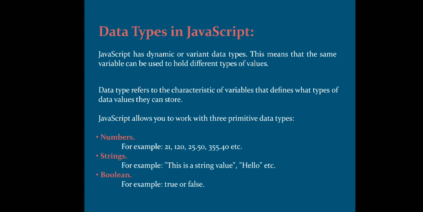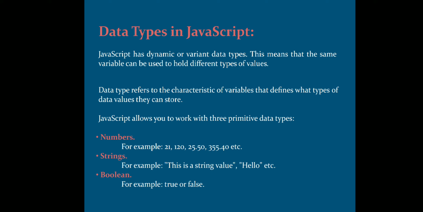Now let us see what data types are available in JavaScript. You know the importance of a data type? A data type refers to what type of value a variable can be used to hold. We have three main primitive data types: number, string, and boolean. In JavaScript, the data types are dynamic, that is, variant.